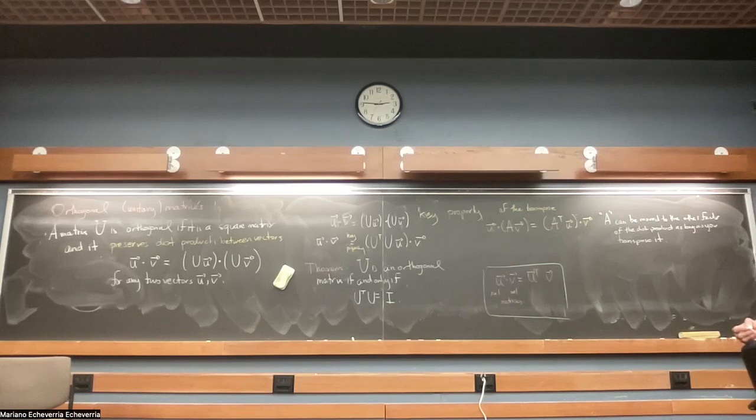And that's something that we can check, because we know how to multiply a matrix by its transpose and see whether it gives us an identity or not.